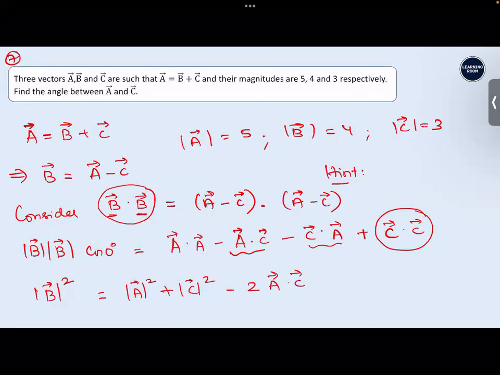Can I do this? Now see what I'm going to do. Magnitude of B is given. How much is it? 4. So here you have 16 is equal to magnitude of A square, which is 25, plus magnitude of C square, which is 9, minus 2 times A dot C, which is magnitude of A vector into magnitude of C vector into cos of whatever is the angle between them.